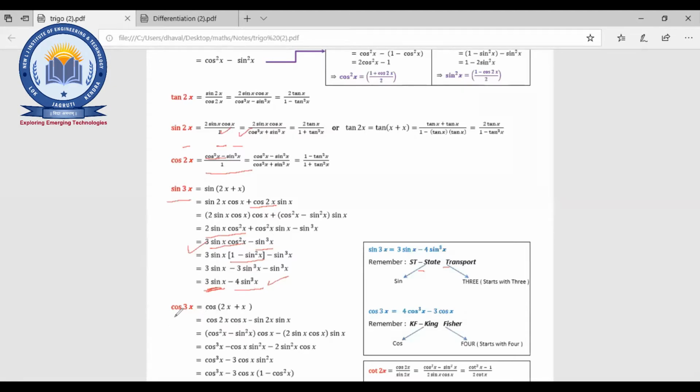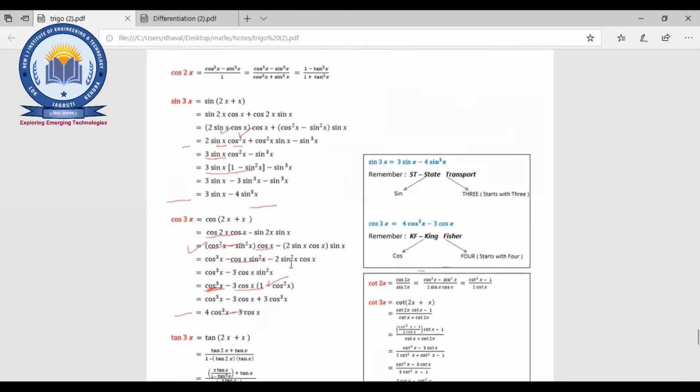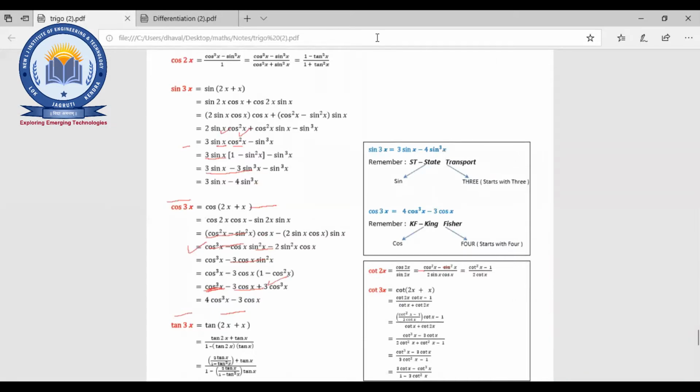Now in the same way, cos 3x. Again the 3x can be written as 2x plus x, just an expansion like sine 3x. Finally we'll see that in this one we have cos 2x.